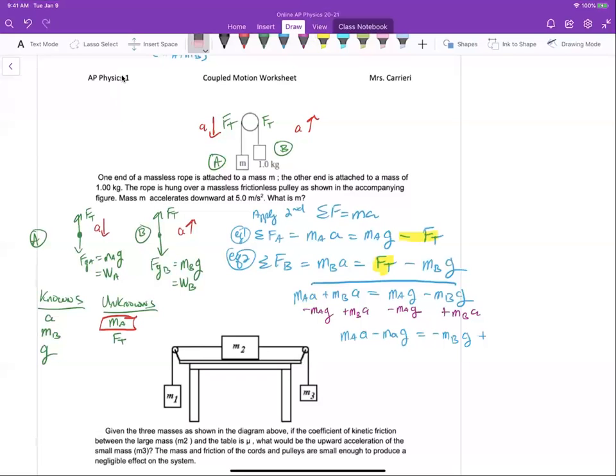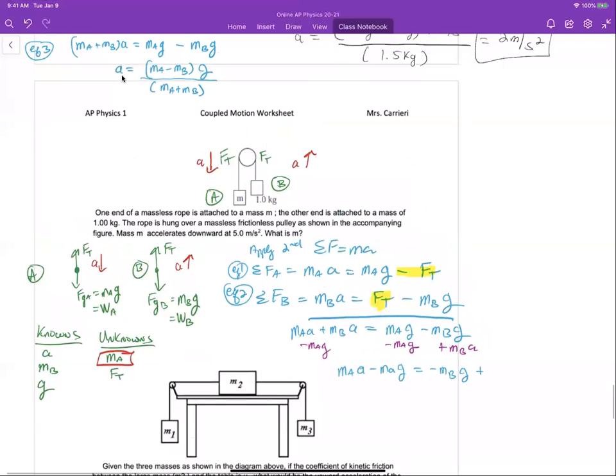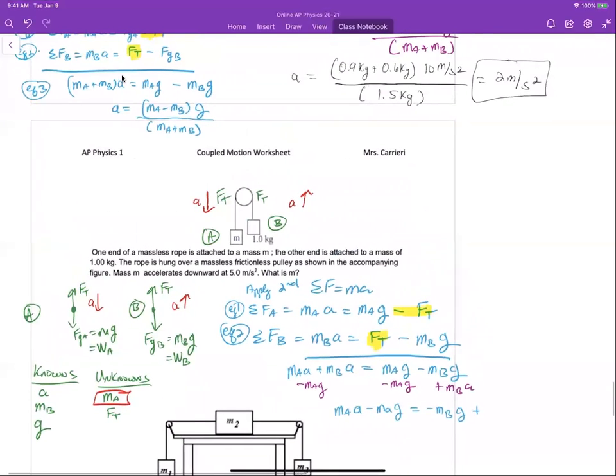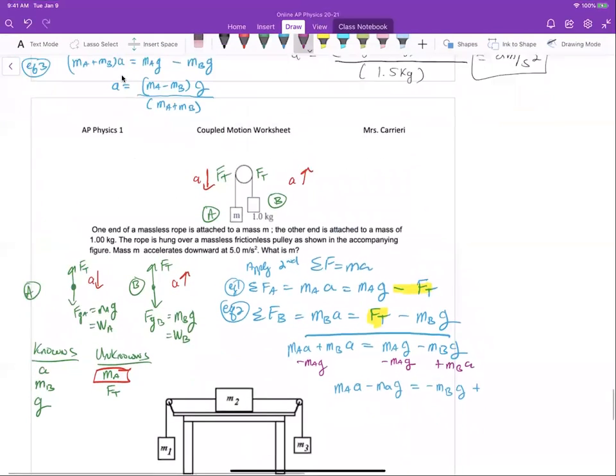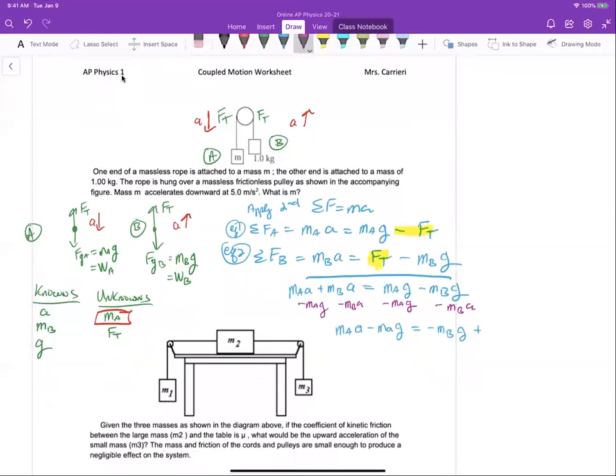In order to get rid of mBa on the left-hand side of the equation, I have to subtract it. So that was a minus mBa, and that should have been a minus mBa. Okay, continuing on.